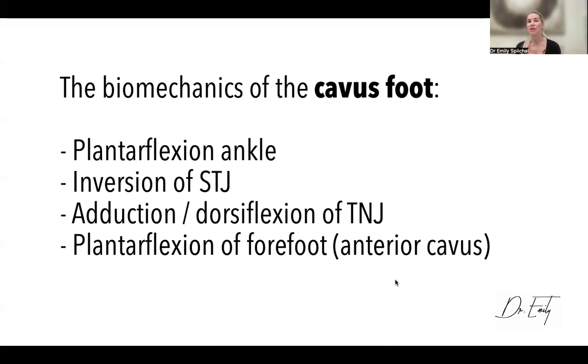And the components of supination are plantar flexion, adduction, and inversion. That's essentially the triplanar components of a cavus foot. So when I look at a foot that has high arches, I see plantar flexion.